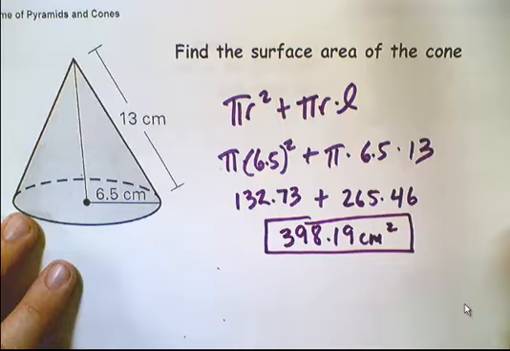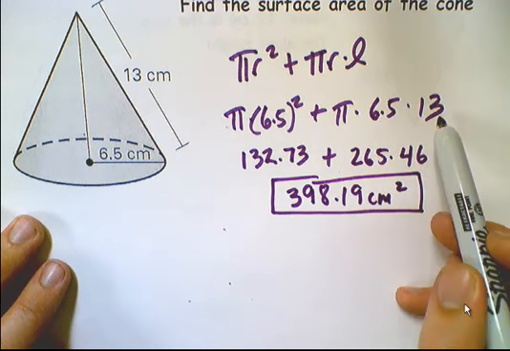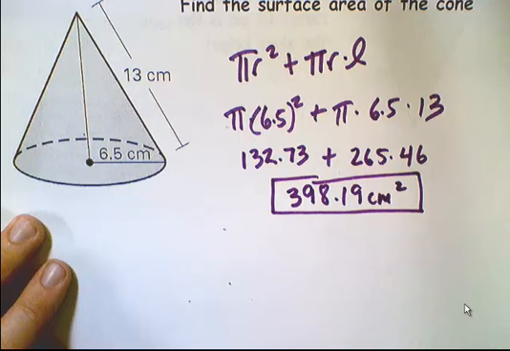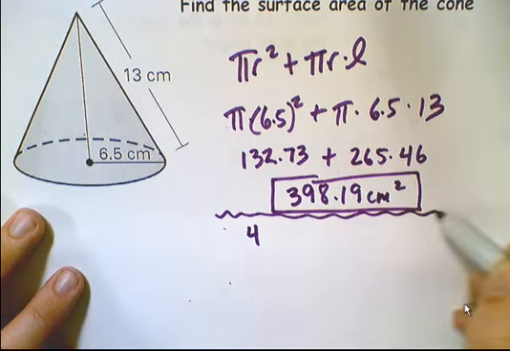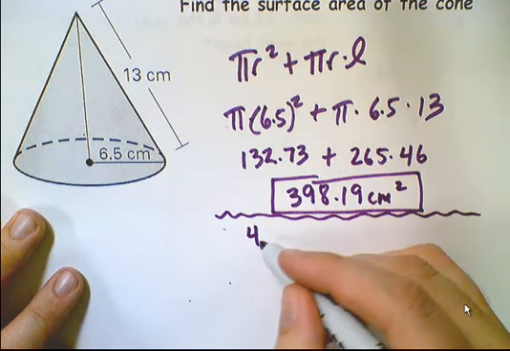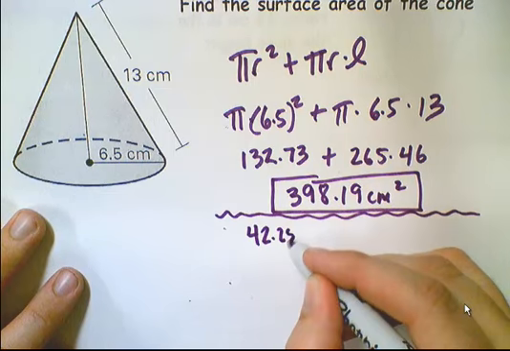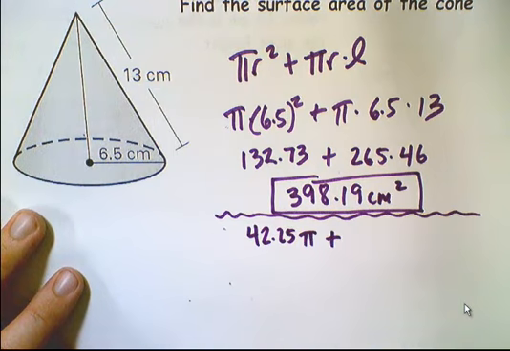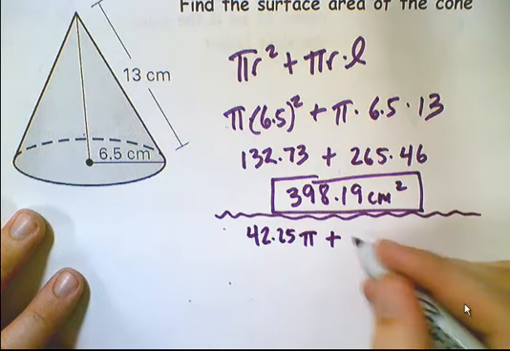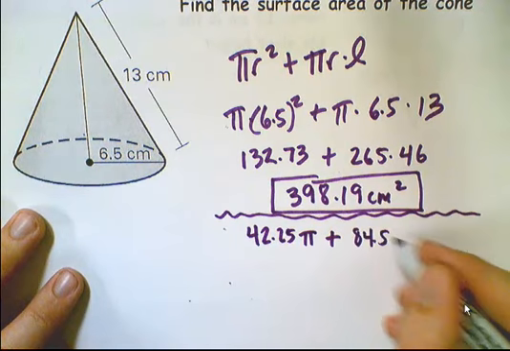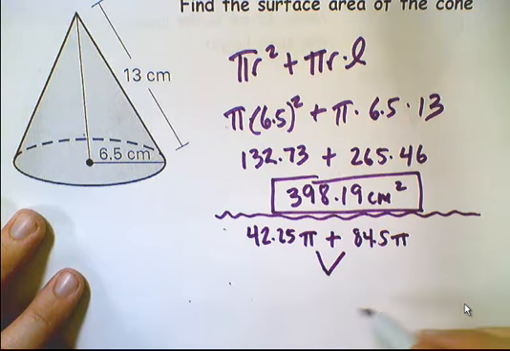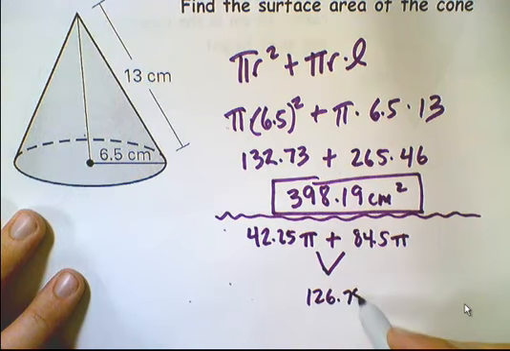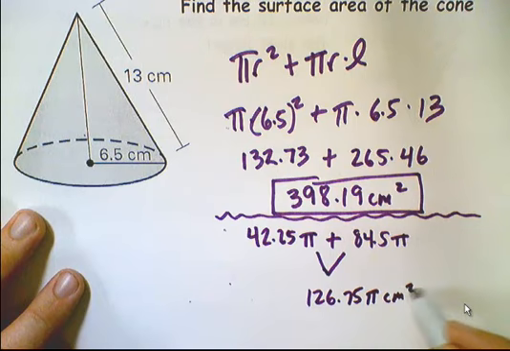Okay, now I can also just leave this answer in terms of pi. It's just not going to be the nicest looking answer. So if I did this in terms of pi, it would be 42.25 pi plus 84.5 pi. So when you combine those two together, your equivalent answer here would be 126.75 pi centimeters squared.